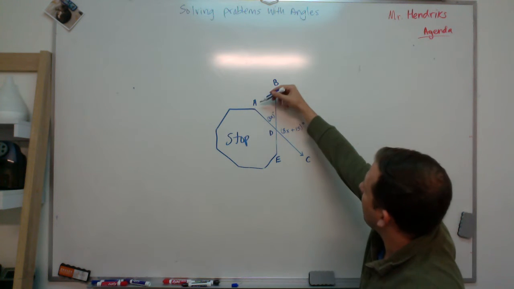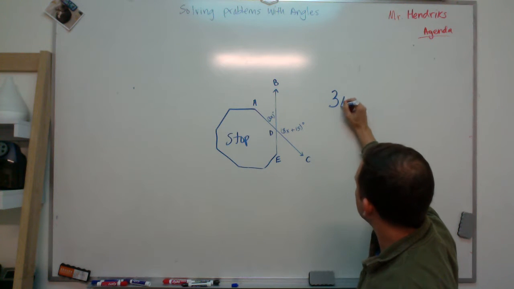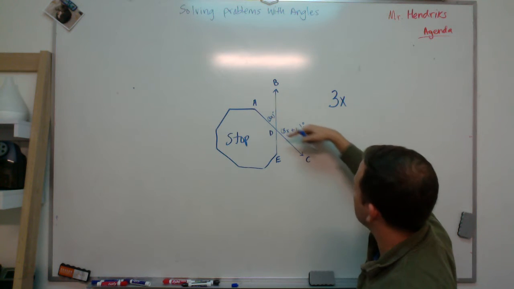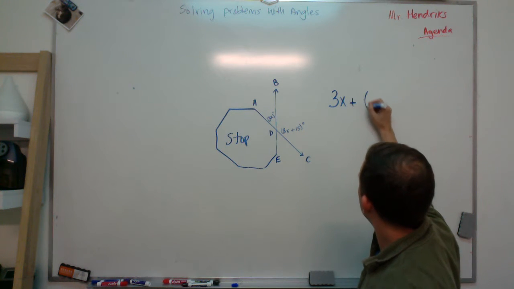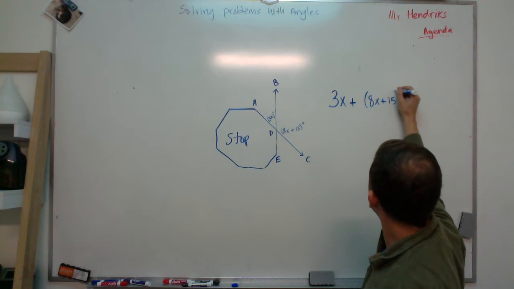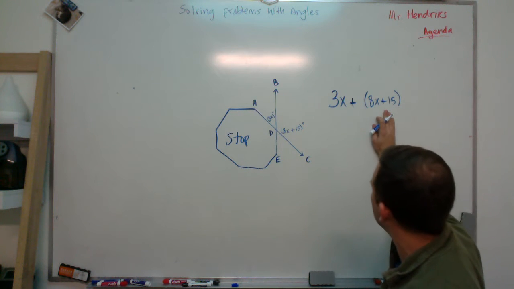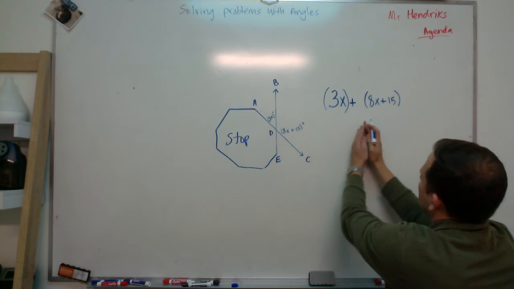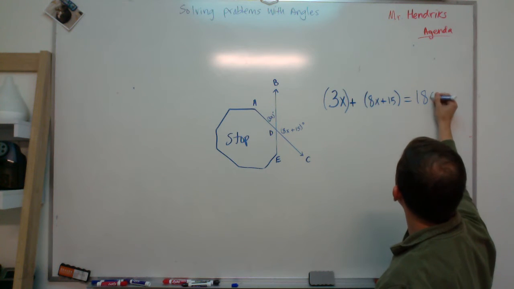So looking at angle ADB, which is represented by 3x, and angle BDC, or CDB, either way, is represented by 8x plus 15. I'm putting that in parentheses. It's not going to change when I combine like terms. It's just showing that this is one angle and this is the other angle. We're adding them together. Together, since they're along a straight line, they should equal 180 degrees.